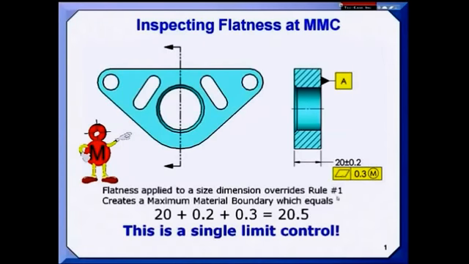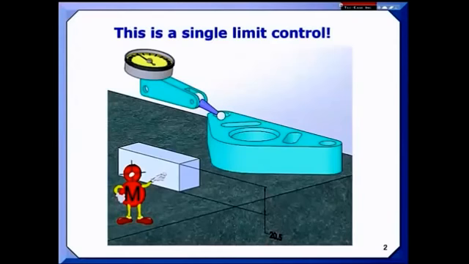that 20.5 envelope. So it could be done with a hard gauge, or another approach would be to master an indicator at the 20.5 value, and then when you run the indicator over the part, with the part sitting down on the surface plate, all your readings better go down. If any of them go above 20.5, this wouldn't have fit through that slot that I mentioned, or that gauge.